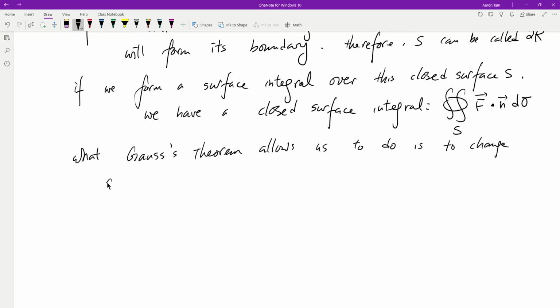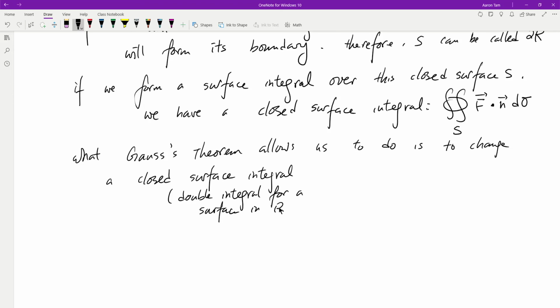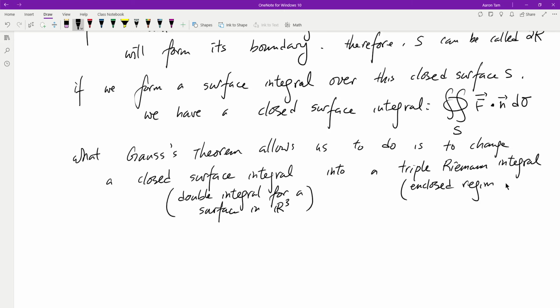is to change a closed surface integral, which remember is a double integral for a surface in R3, into a triple integral, a triple Riemann integral, and in this case for an enclosed region in R3.